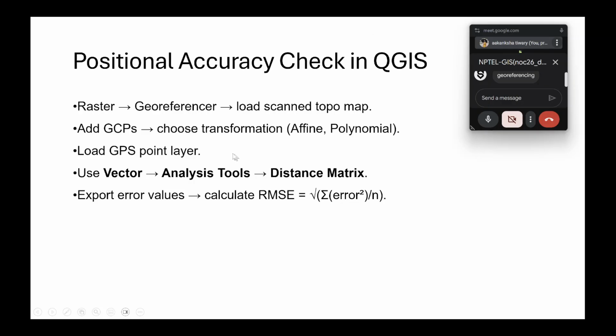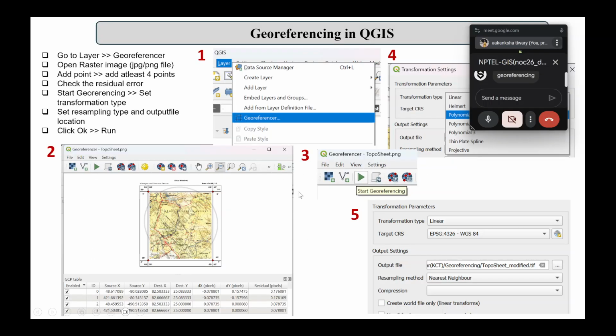So for positional accuracy, you know where to check for the error values. While doing georeferencing, you can see dx, dy, and this is the RMS error residual. If these values are very high, you should discard it.